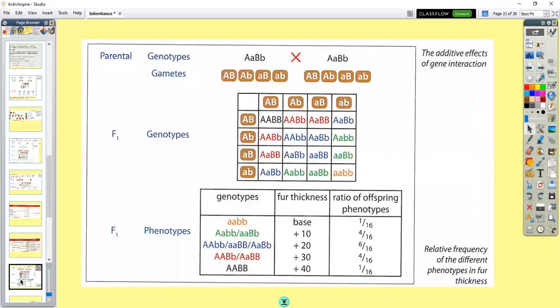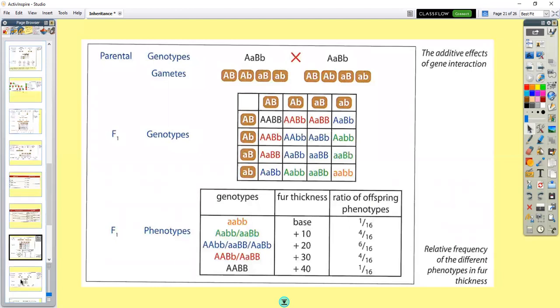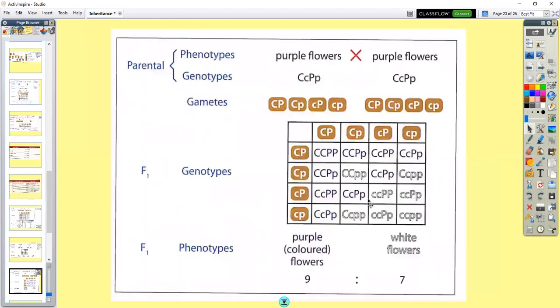Okay, and that is also shown in, sorry, I have the wrong one, this type of plant interaction, or flower interaction, in that you can have purple flowers or you can have white flowers, purple dominant to white.